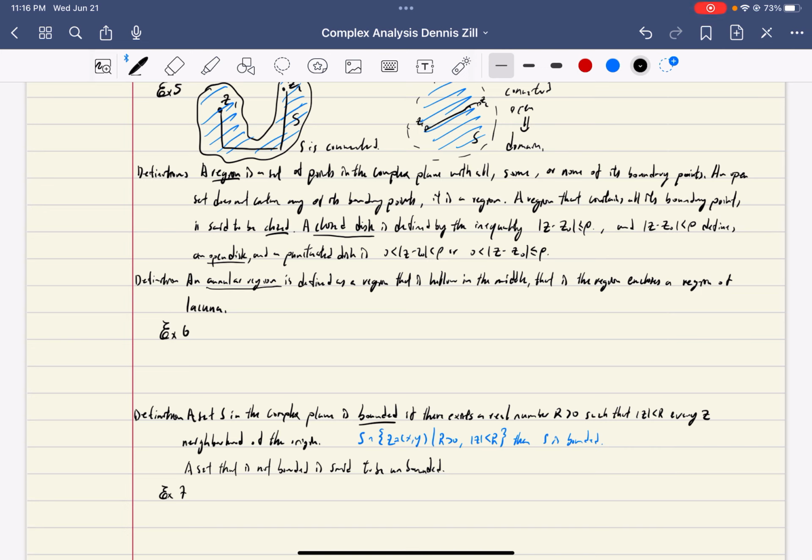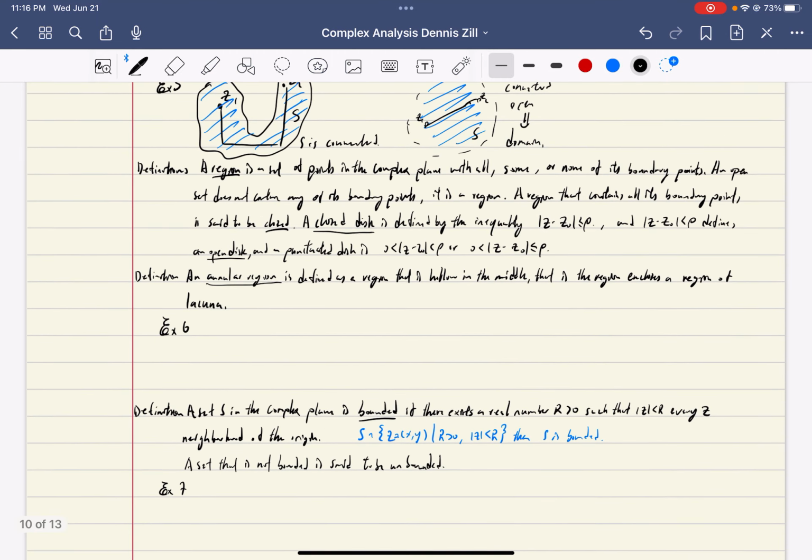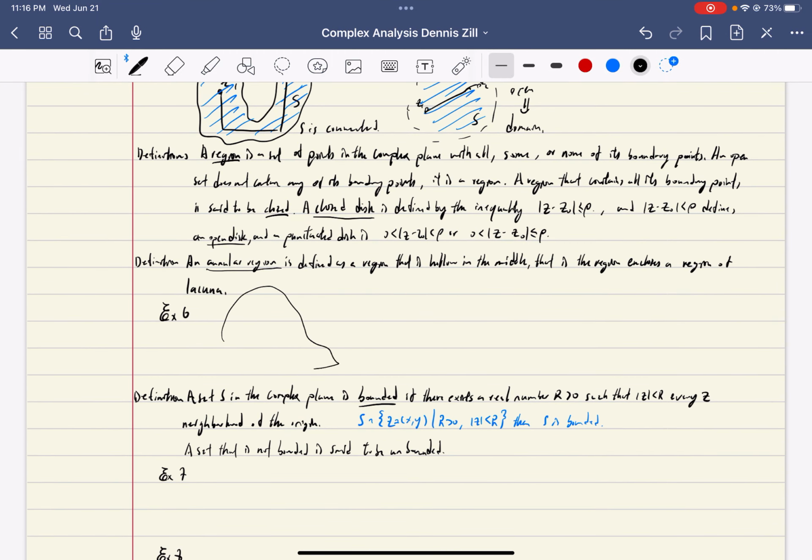That is, the region encloses a region of lacuna. So what is an annular region? I think we did an example over here. So maybe like this, and this is an annular region.